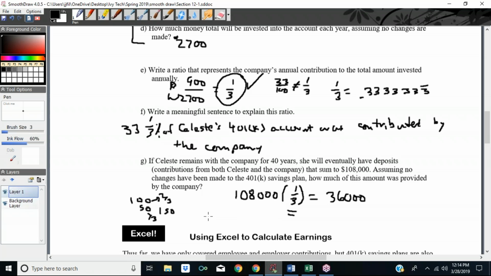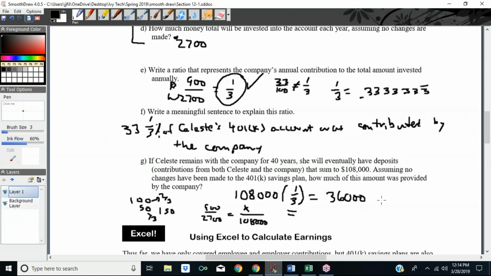And we could have also done that by saying 900 to 2,700 is X to 108,000. We could have done it as a proportion also.